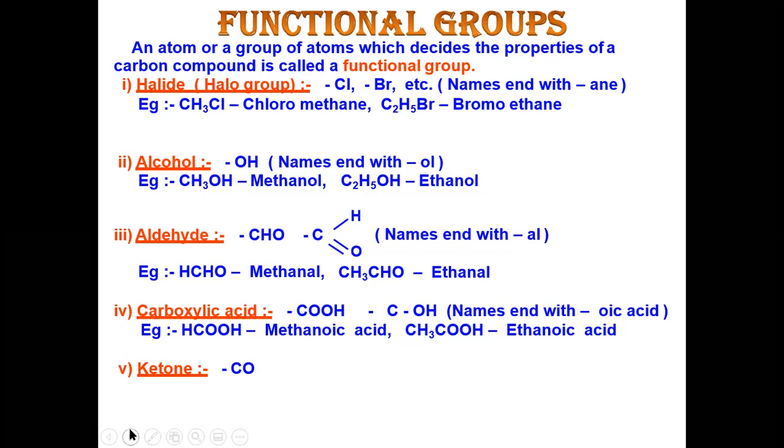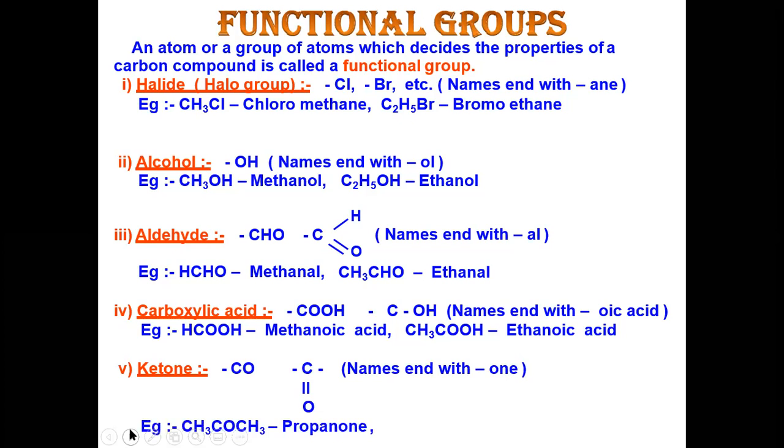Next is ketone, like CO. Names end with ONE. Example is CH3COCH3, that is known as propanone. Another is CH3COC2H5, the name is butanone.